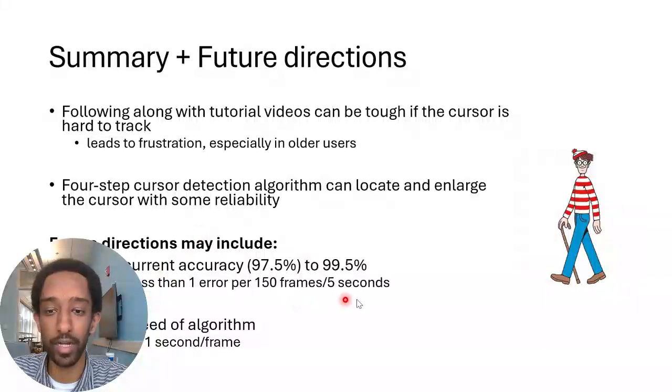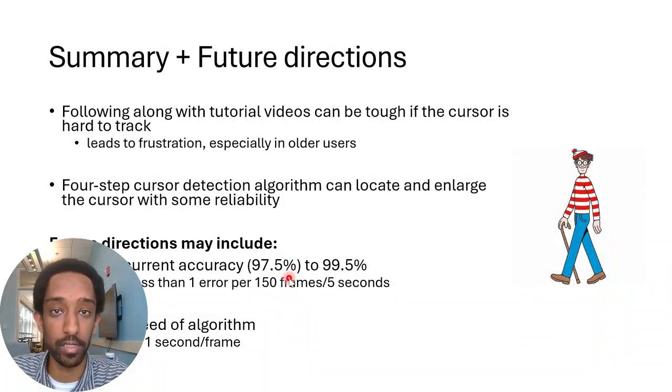So future directions could include, like I said, making the accuracy better. Right now it's at about 97.5%, which means I think about every 30 or 40 frames there's an error, right? So it puts the bigger cursor in the wrong place. And that might seem great, but when you have an FPS of 30, which is common, then you're going to see an error about every second.